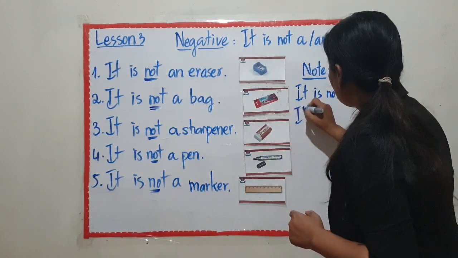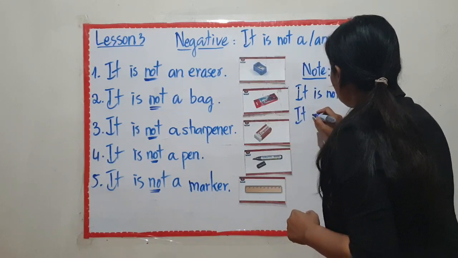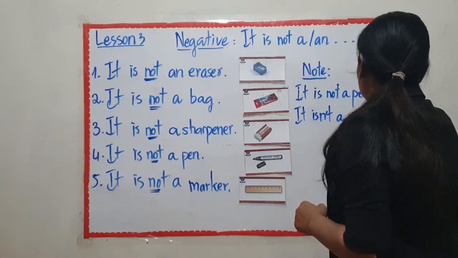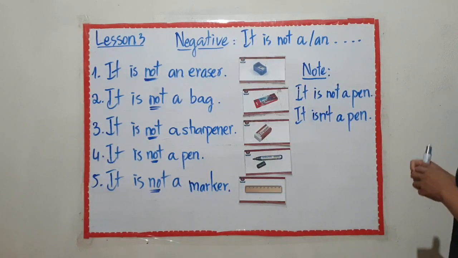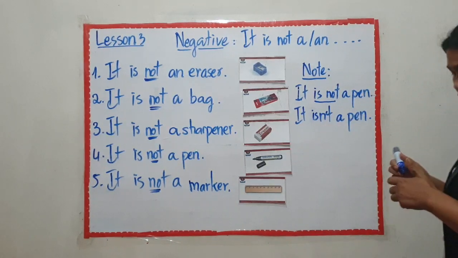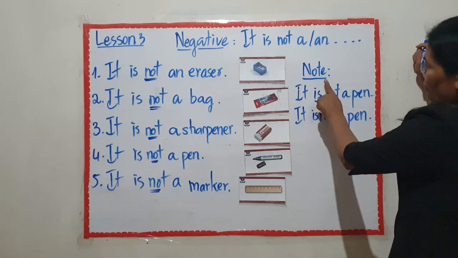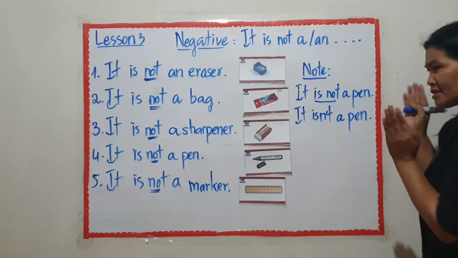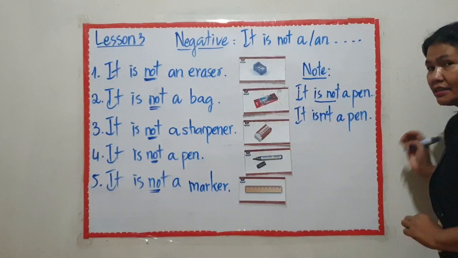It isn't a pen. So everyone, look at this. It is not becomes isn't. So this one we call the short form. Note again, everyone: it is not a pen, but when we make it short, it isn't a pen, okay?